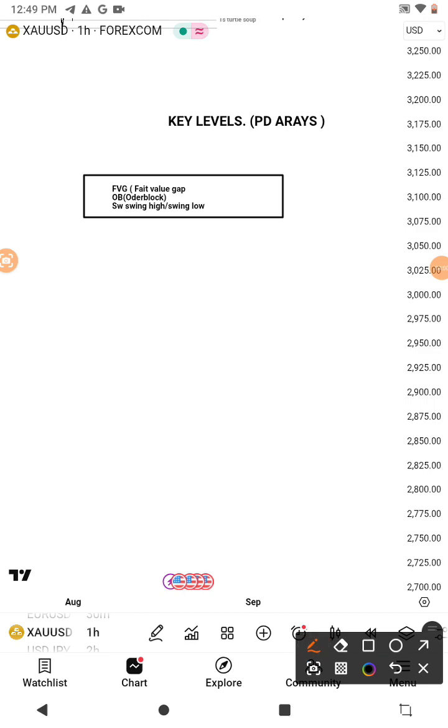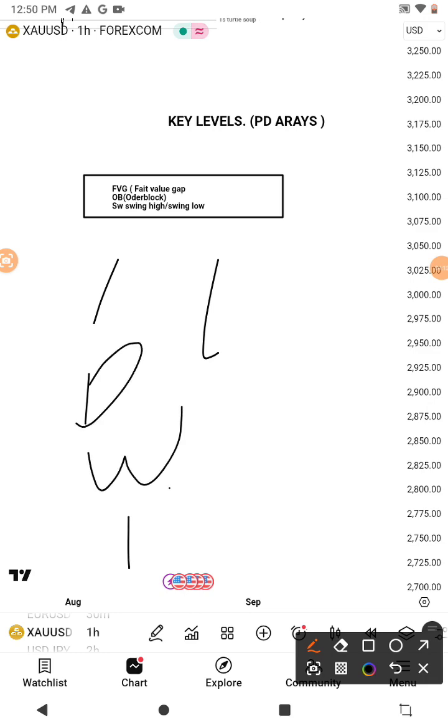Whenever you want to use this, use them either on a daily time frame, weekly time frame, or the 4-hour time frame. These three time frames: daily, weekly, and H4.